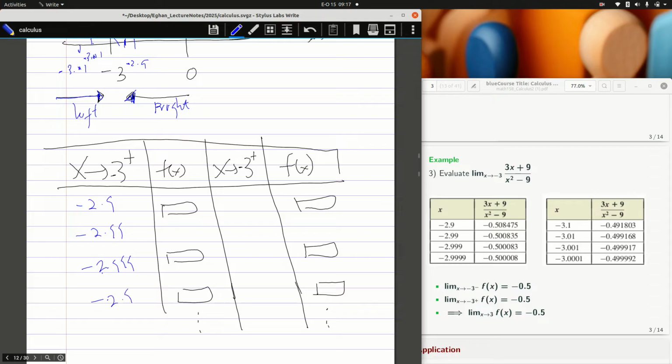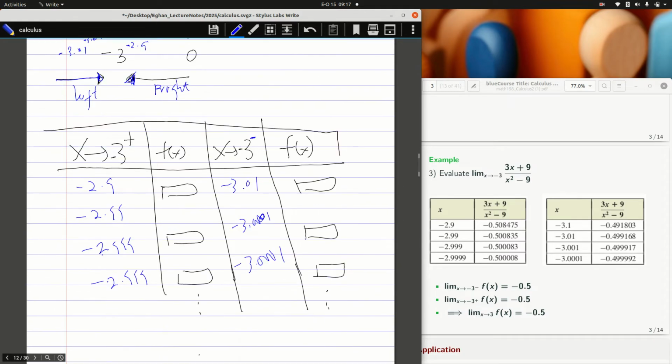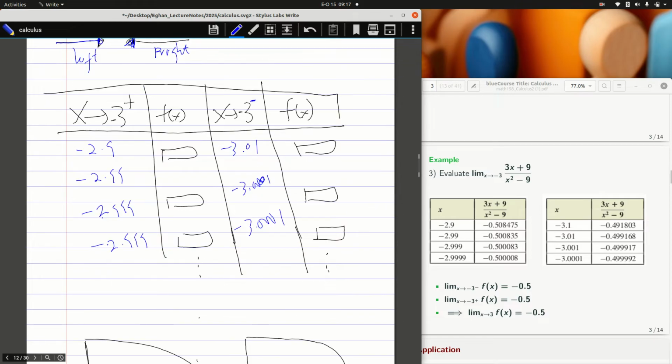These are all closer to negative 3. And from the left side, I have negative 3.1 first, then negative 3.001, negative 3.0001, and so on. And then you do the substitution into your function f of x, wherever I see x, and that will be the values I obtain.